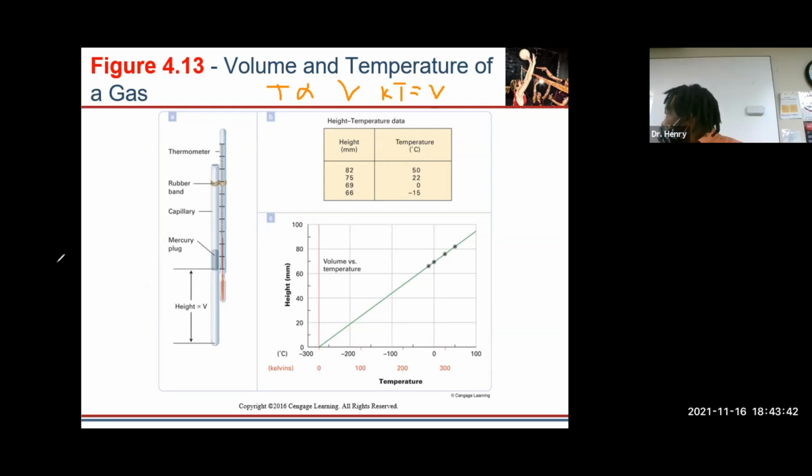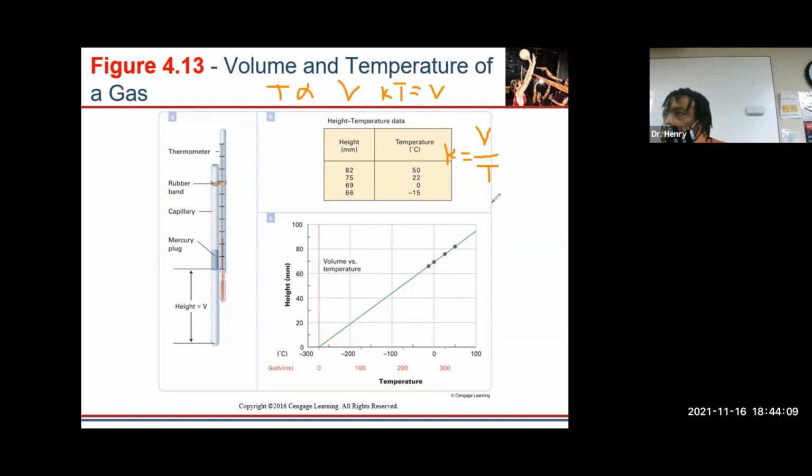Okay. So if I divide the volume by the temperature, that's going to give me that constant, right? So regardless, if I have a different set, it's still going to equal that constant.